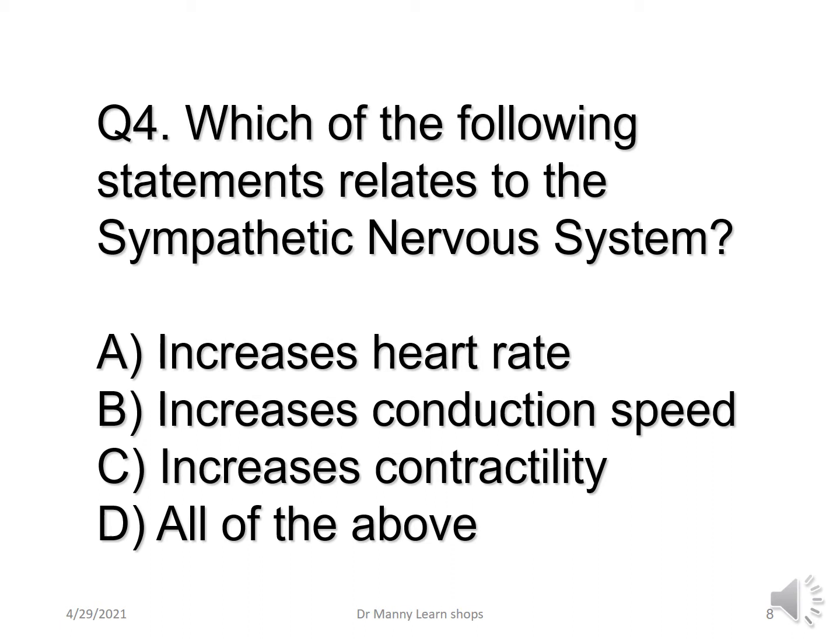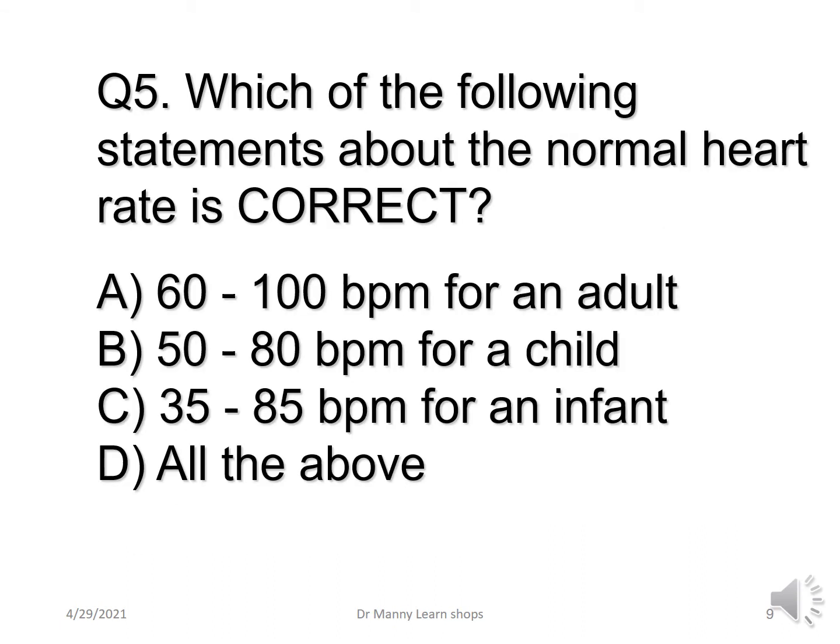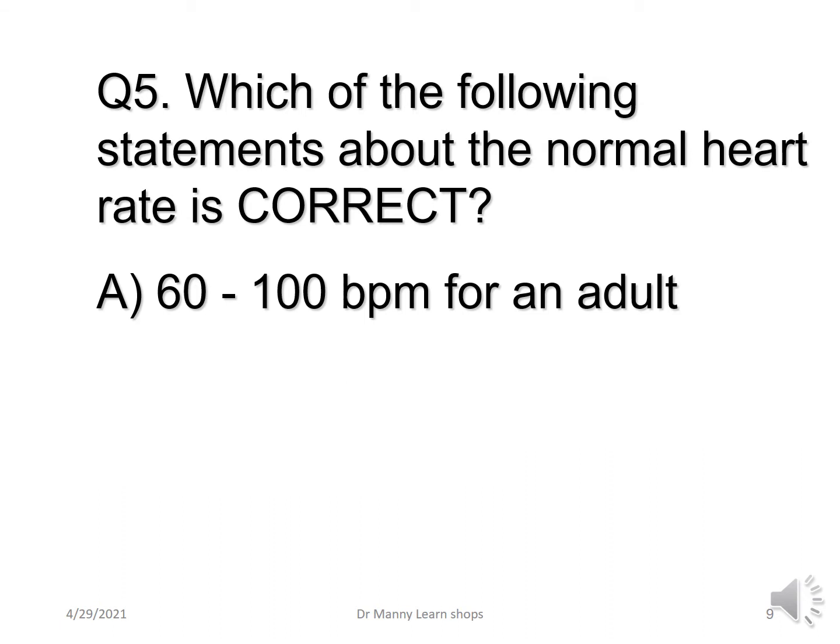A, B, C, or D? The correct answer is all of the above relate to the sympathetic nervous system. Which of the following statements about normal heart rate is correct? A, B, C, or D? The correct answer is A, 60 to 100 beats per minute.